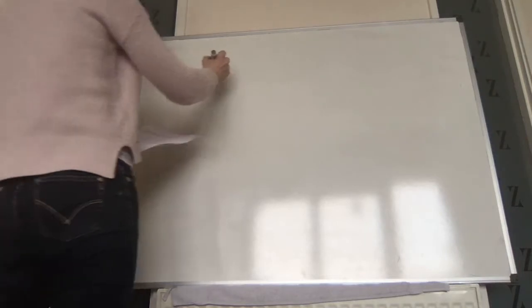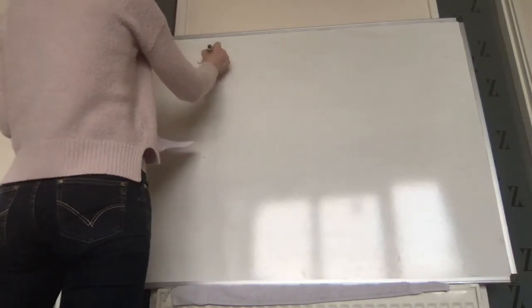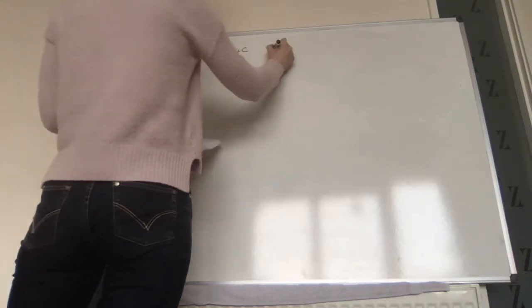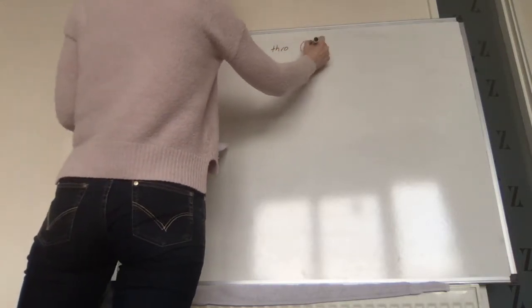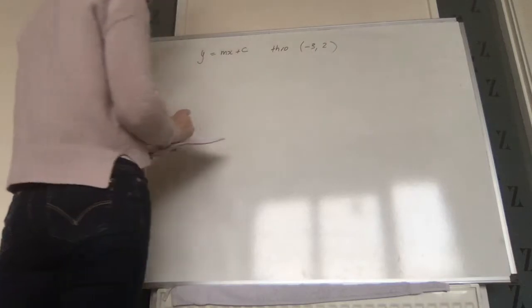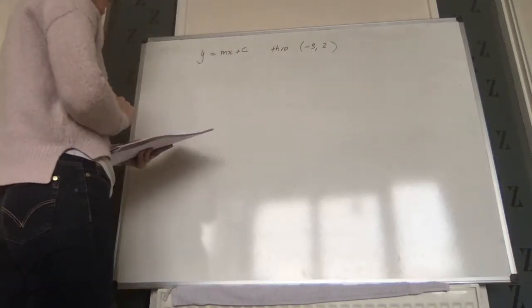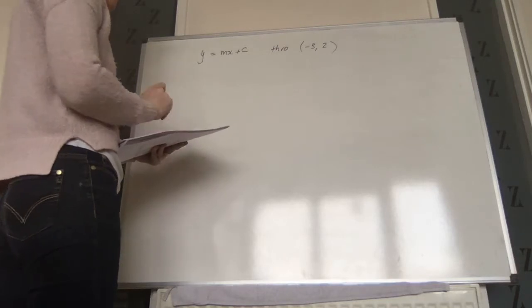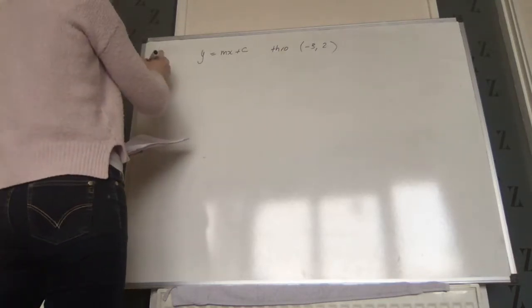So we're saying there's another line. The equation of the line is y equals mx plus c. We are told that it goes through the point (-3, 2), and that m and c are positive constants. And it forms a triangle with the axes of the same area.